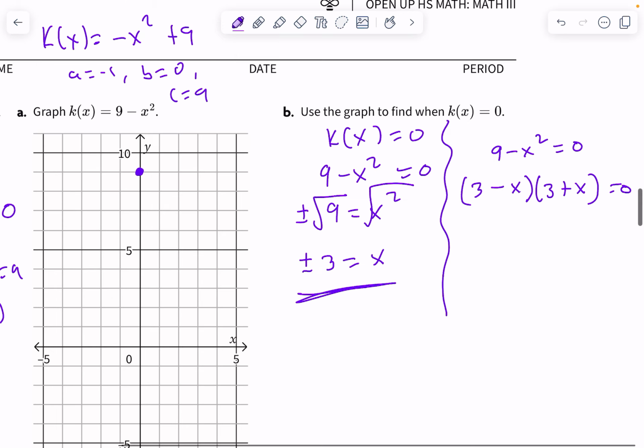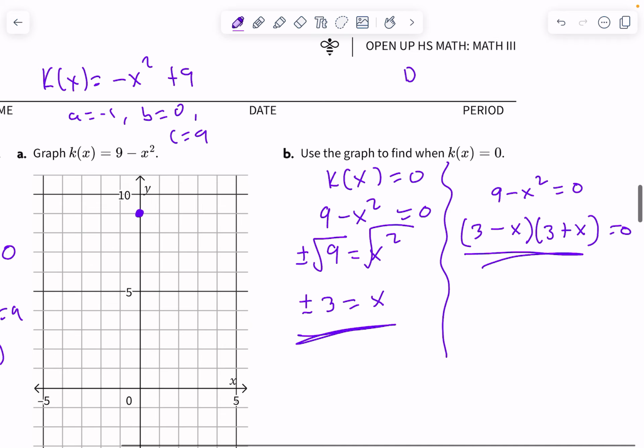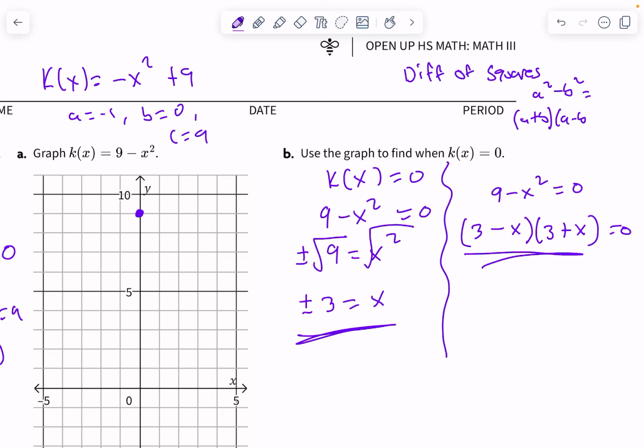And this is what I like to call a difference of squares. So a difference of squares can be thought about as a squared minus b squared equals a plus b, a minus b. So in this case, 9 and x squared are technically perfect squares, right? So I split this up into a product of two binomials, and I do get the same concept.